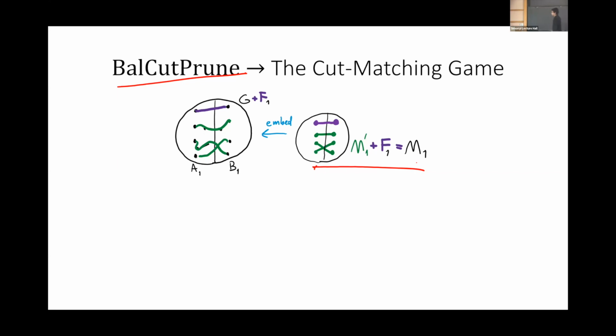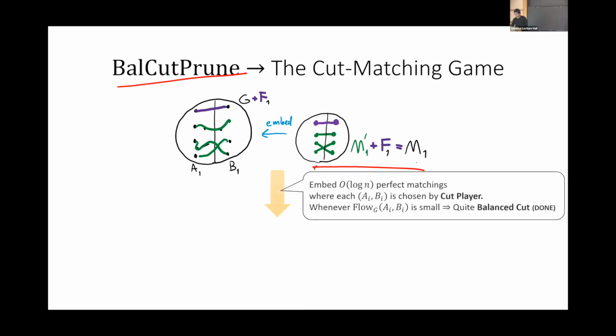If you cannot actually embed a large matching, like you try to embed a log n perfect matching, and whenever the flow here is too small, you immediately get a balanced sparse cut and you terminate.